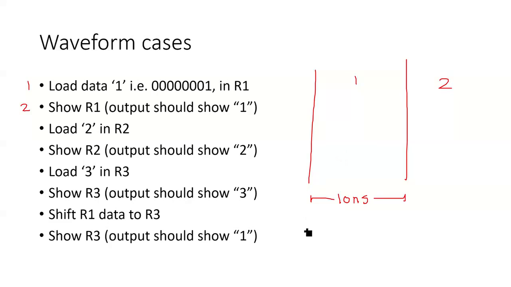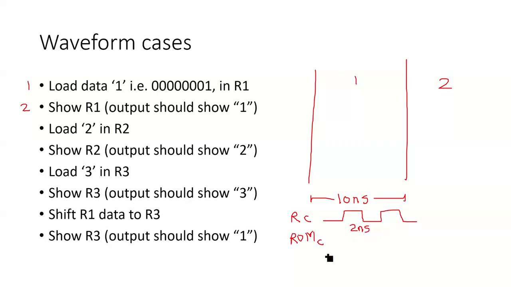Also, you'll have two clocks, the register clock and the RAM clock, right? Make sure that your register clock is slower than your RAM clock. In other words, imagine that your register clock is varying like this. Let's say it varies after every, let's say 2 nanoseconds, okay?